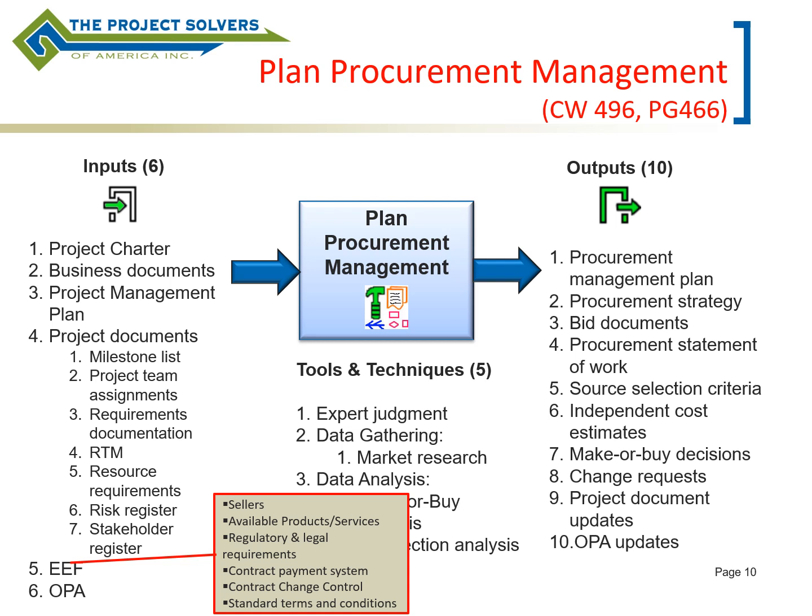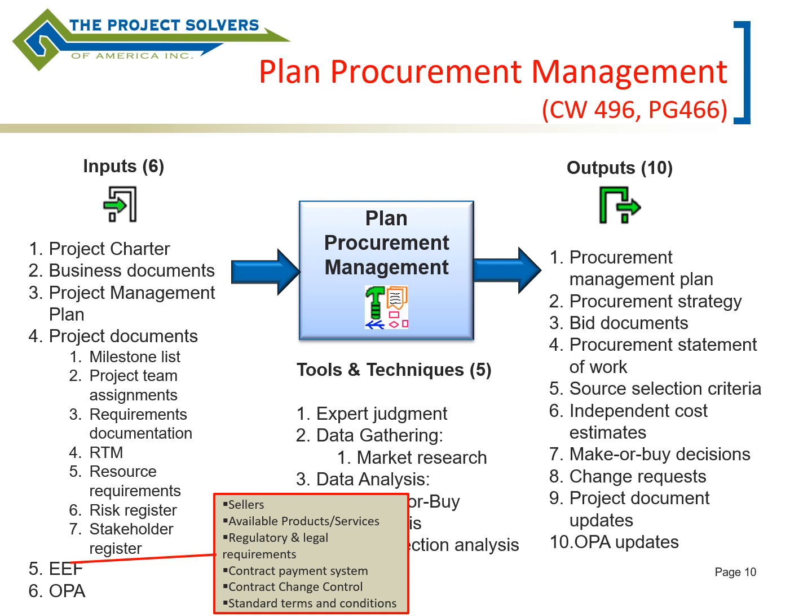We'll talk about bid documents that would be required depending on the type of contract, and statement of work, what procurement statement of work, what criteria you're going to use to select your vendors, whether or not you're going to use an independent cost estimate, and certainly the make or buy decision is a major output here for plan procurement management.